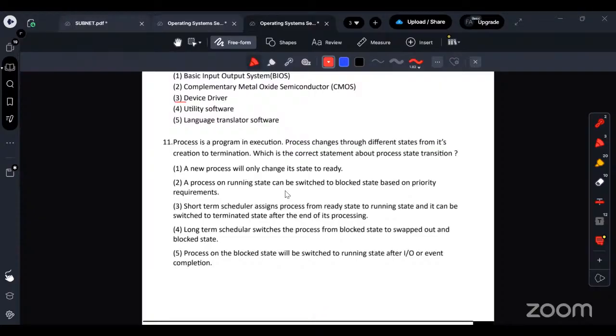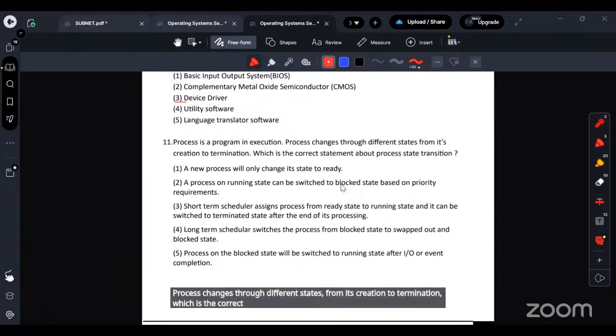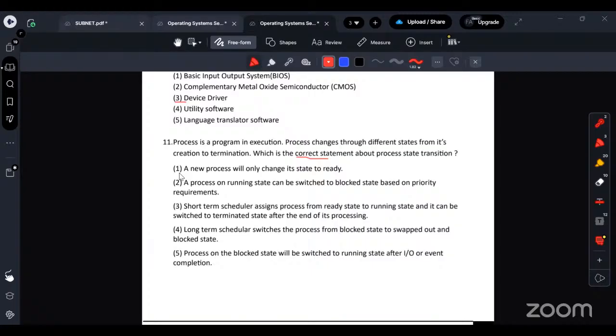So process is a program in execution. A process changes through different states from its creation to termination, which is a correct statement about process state transition. Yes, correct, Shazna. Good. A new process can only change its state to ready.